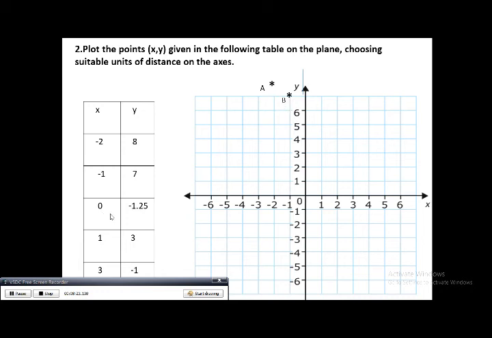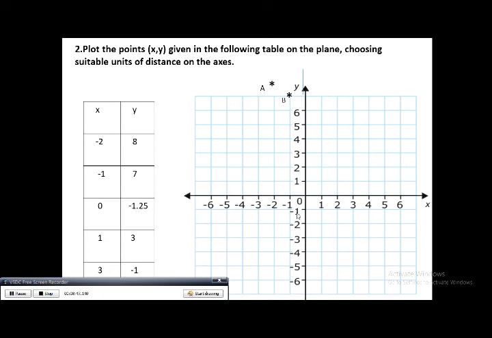The third one is (0, -1.25). Students, the x coordinate is 0. That means this point lies on the y-axis, because on the y-axis the x coordinate is always 0. So this point will lie on this line. But where on the y-axis? Where the value of y is -1.25.